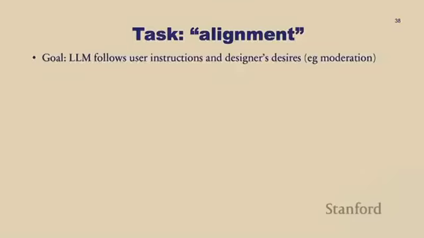So how do we do this alignment, which is this post-training and making these models assistants? The goal of this alignment is to basically get LLMs to follow the instructions that are given by users, and maybe some designers' desires. So think about moderation.